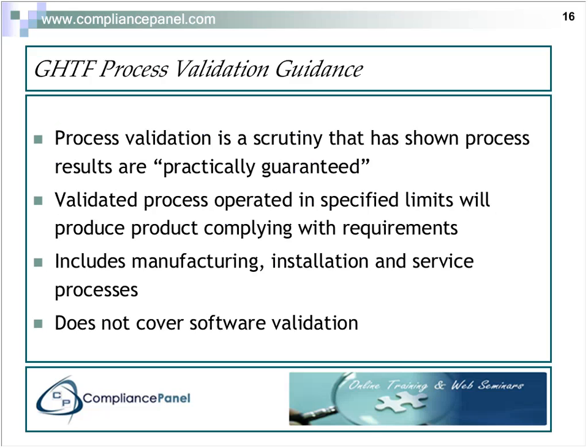Okay, going on in the process validation guidance document again, it says process validation is a scrutiny or an examination that has shown our process results are practically guaranteed. And what we're trying to demonstrate here is that a large majority of the product we produce does meet our requirements. And for those of you that are engaged in Six Sigma, they know that, I think it's 6.3 parts per million of product may not meet specifications in a Six Sigma process.